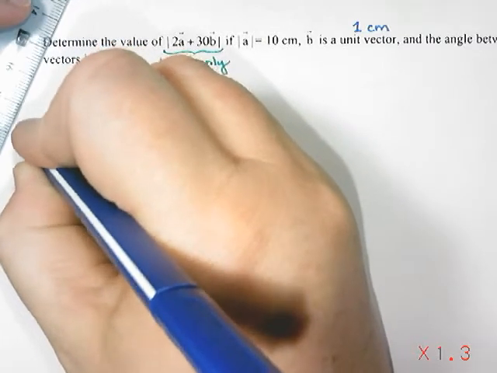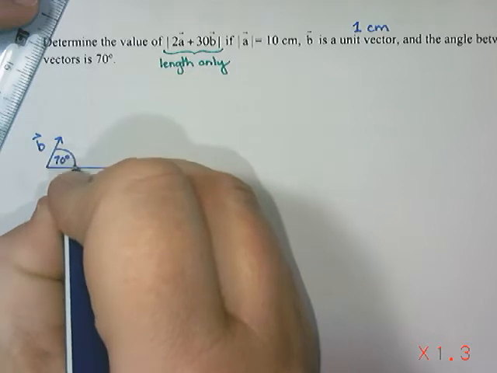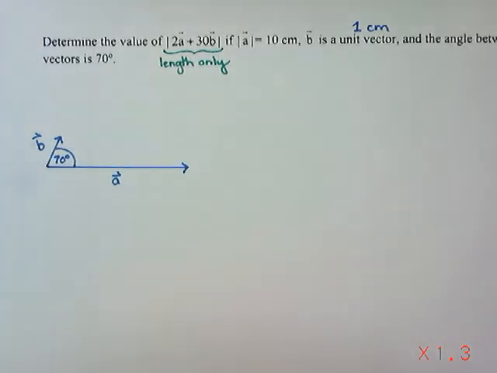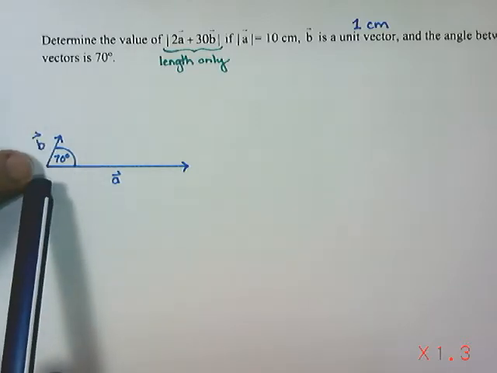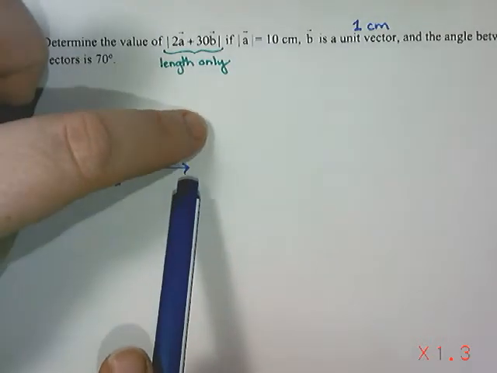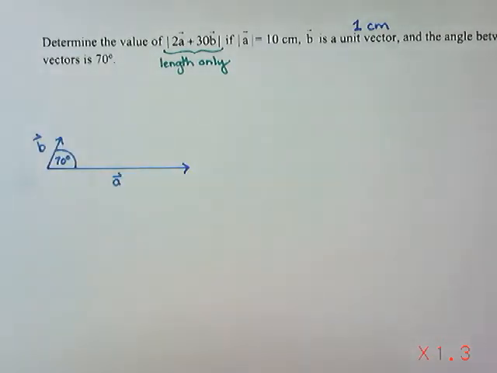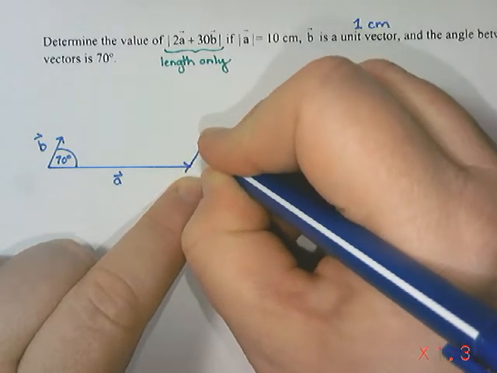So I'm going to say that is vector B, and this is 70 degrees. Now, if I want to add my two vectors together, we always line them up head to tail. But when we measure the angle, they are always lined up tail to tail. So I have to take vector B and slide it over to this side and redraw it so that it lines up head to tail.